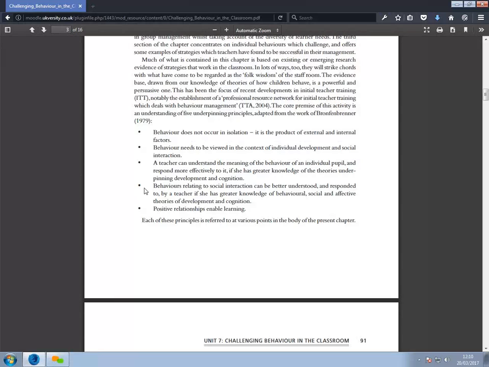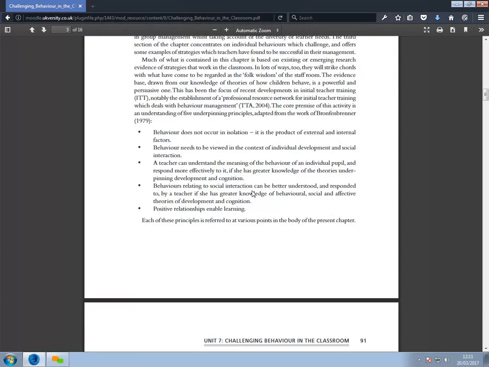We're going to cover some of the theories at a later point, although there are some mentioned in here. There will be a piece on the Moodle platform for you to read on some of the theories. We'll get down to some of those as we move on through this lesson.